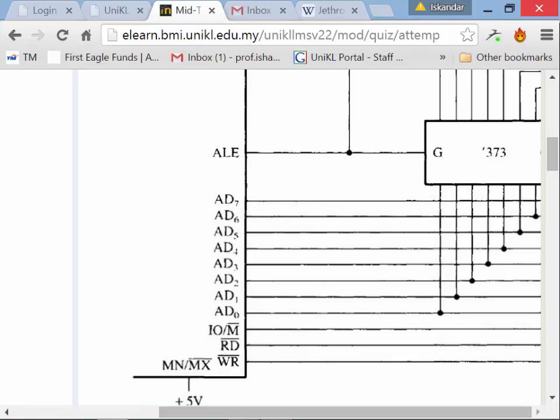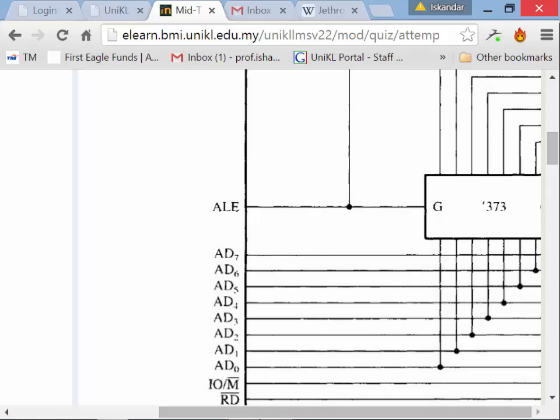What's shown off to the right on the bottom are the data lines. What comes out of the 373, and I apologize because the screen resolution doesn't let me see the whole thing, is A19 to A0 without the D there.